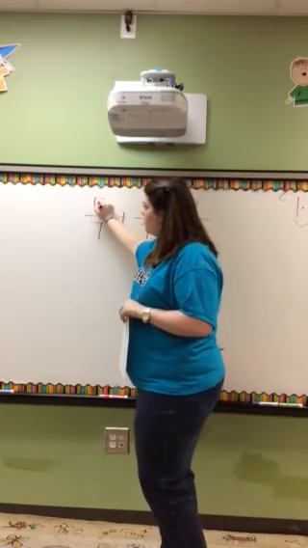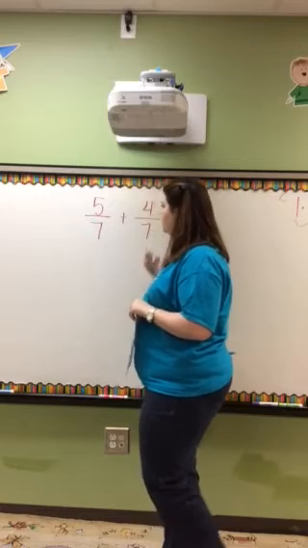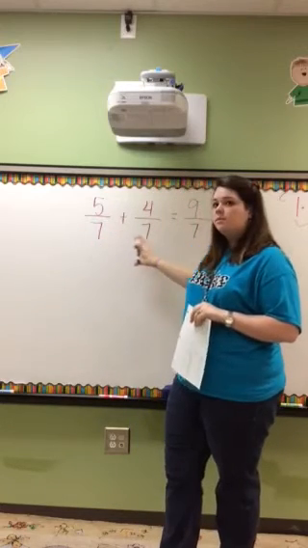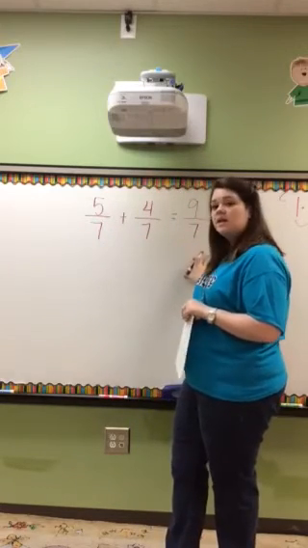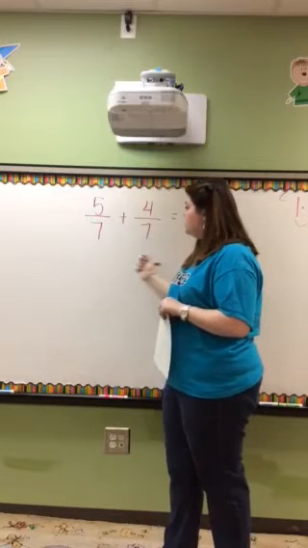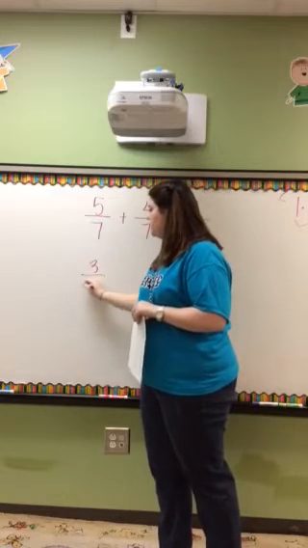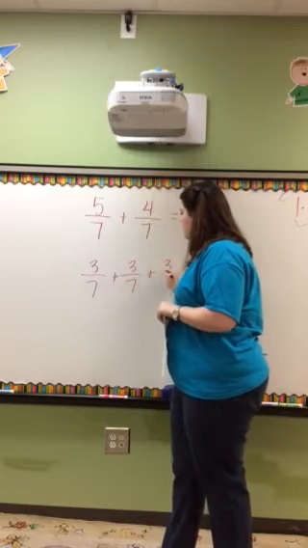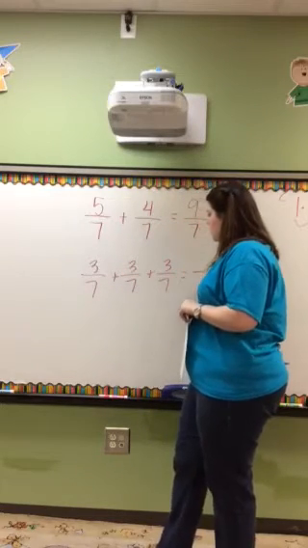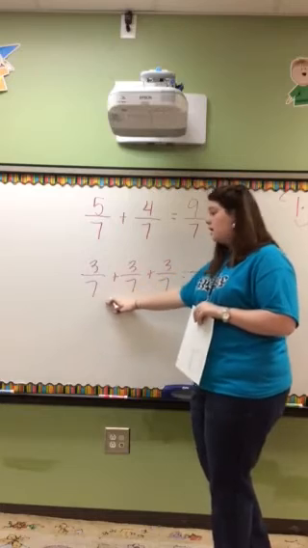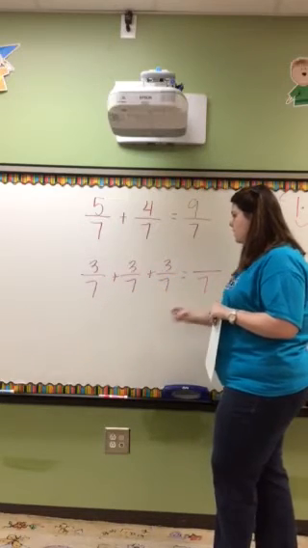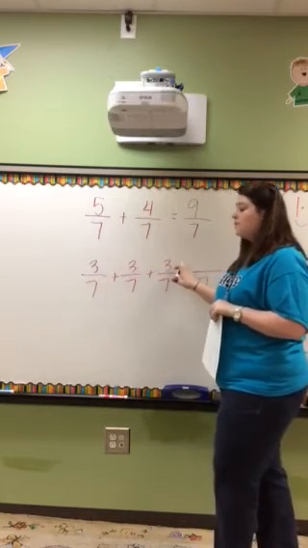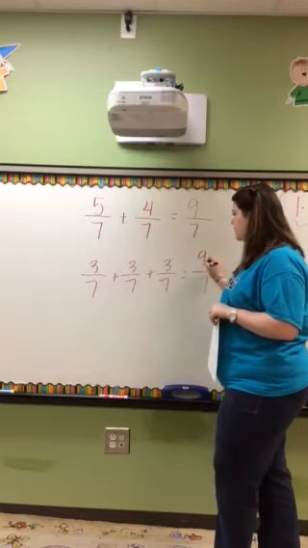And I'll start with 5 plus 4. 5/7 plus 4/7 equals 9/7. You could have also done 3/7 plus 3/7 plus 3/7. Since they have a like denominator, that stays the same, and 3 plus 3 plus 3 is 9.